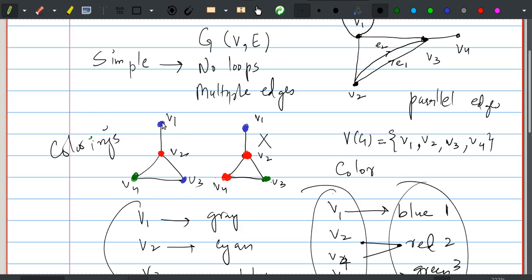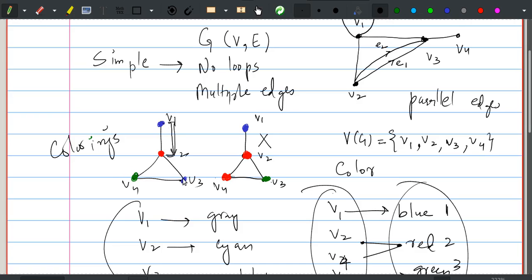Suppose we have taken color blue here. Then for this vertex we can use any color but blue. That means we cannot use blue here. As far as this edge is concerned, we have consumed two colors. Now it remains these two vertices.